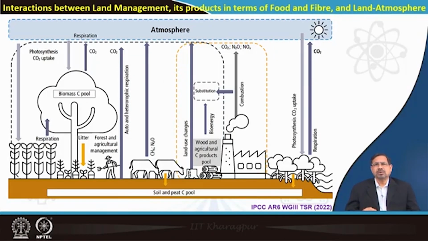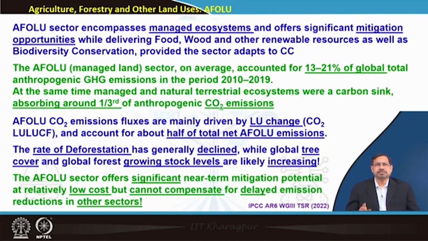So, this is what we are going to see, that if we manage it properly, then probably from this AFOLU sector, we are getting a lot in terms of mitigating the climate change impacts. So, the salient features are the important points we will discuss one by one.